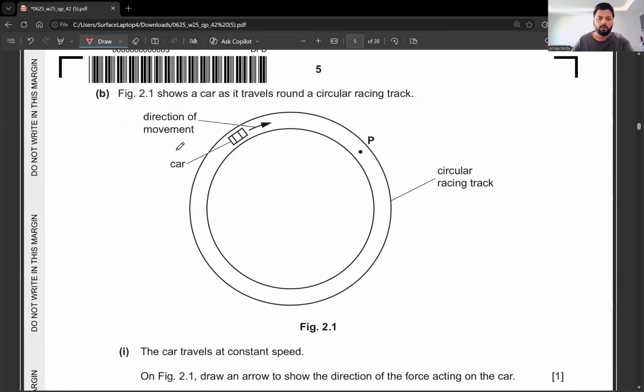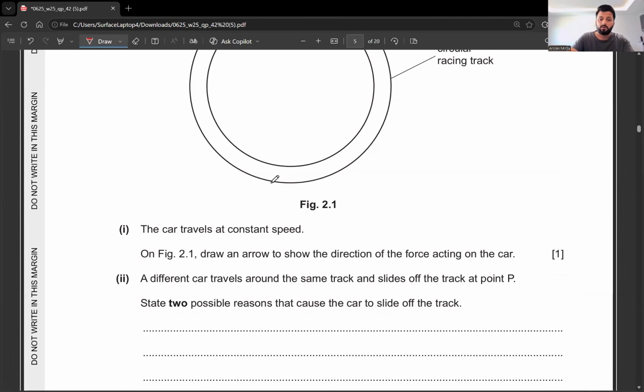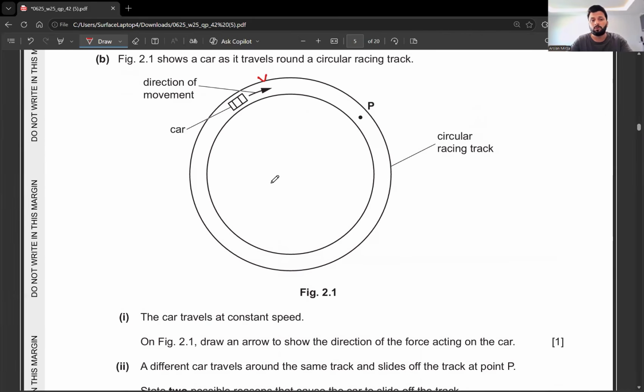B part. Figure 2.1 shows a car as it travels in a circle, with the direction of movement of the car. So this is velocity and this is the circular track. The car is moving towards point P with constant speed. We cannot say that the car is moving with constant velocity because the direction of the car is changing at every point.